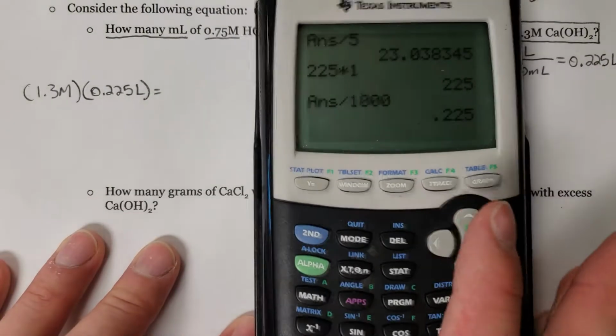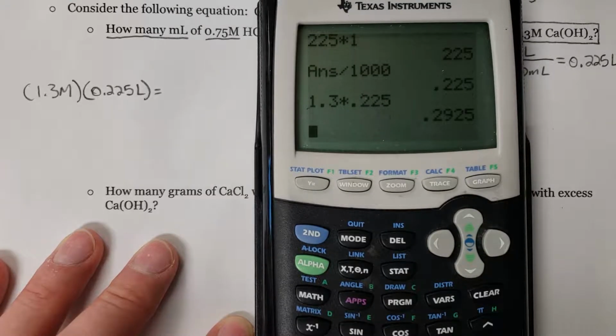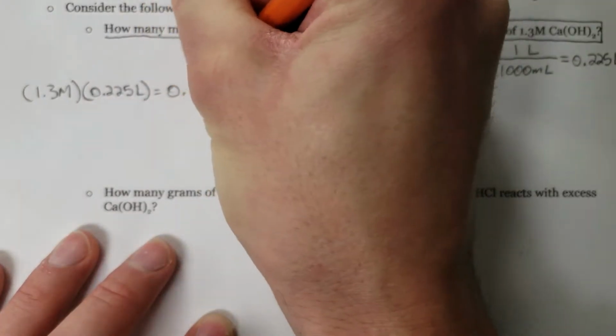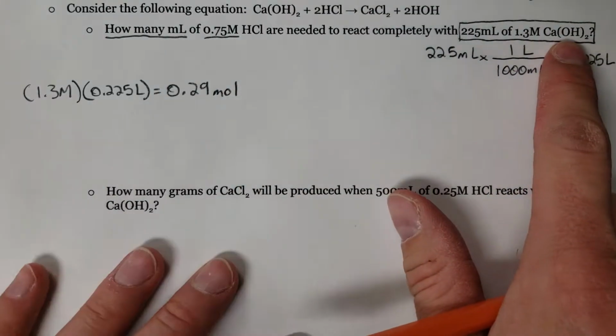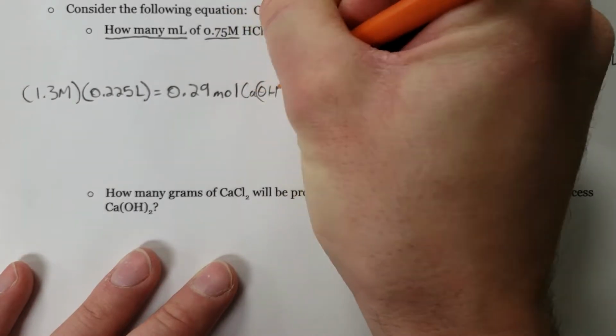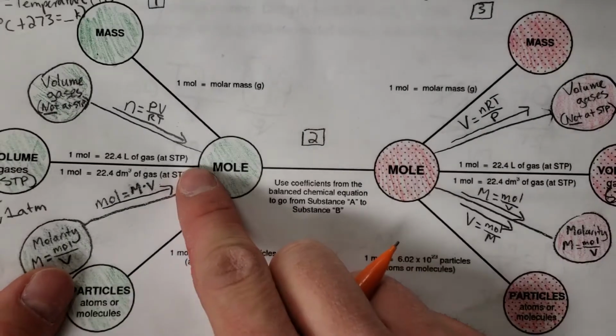We have 1.3 times 0.225, which we can round to 0.29. So 0.29 is moles of our starting substance, CaOH2. Now we're at this step right here.